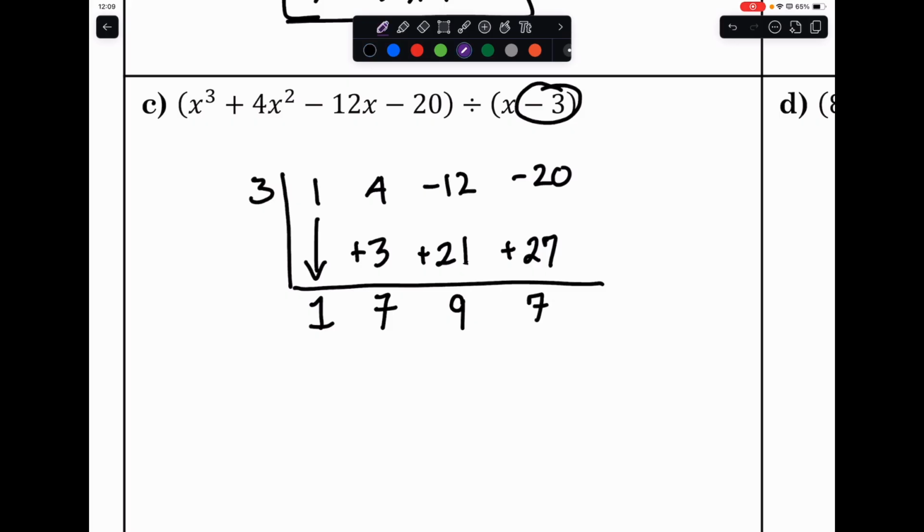So we have a remainder this time, and our remainder is 7. So like last time, we'll include the 7 by putting it over our divisor. So here we're going to end up with 1x to the second plus 7x to the first plus 9, and then a remainder of 7 over x minus 3.